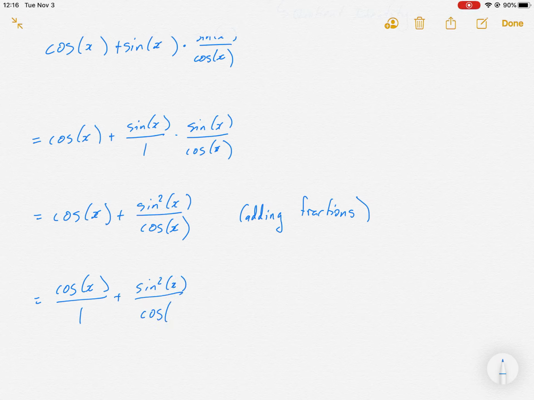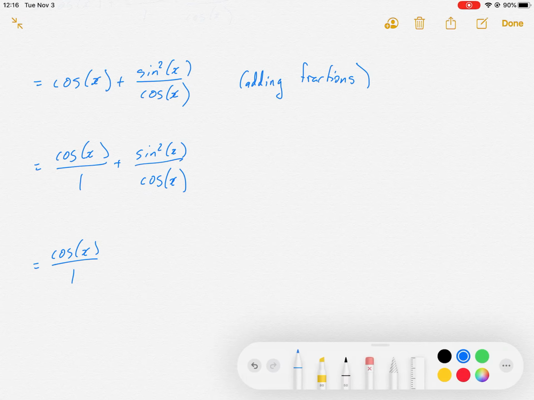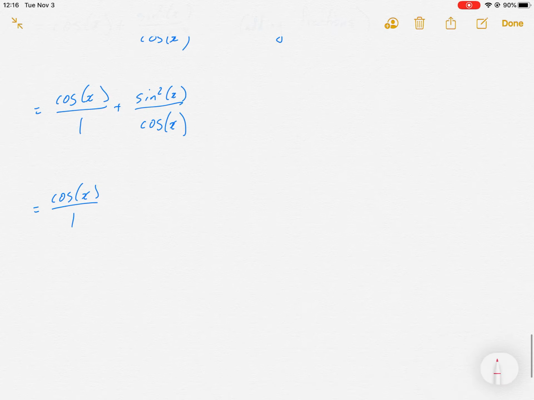So in order to get a common denominator, I need to multiply cosine of x over 1 by cosine of x over cosine of x.